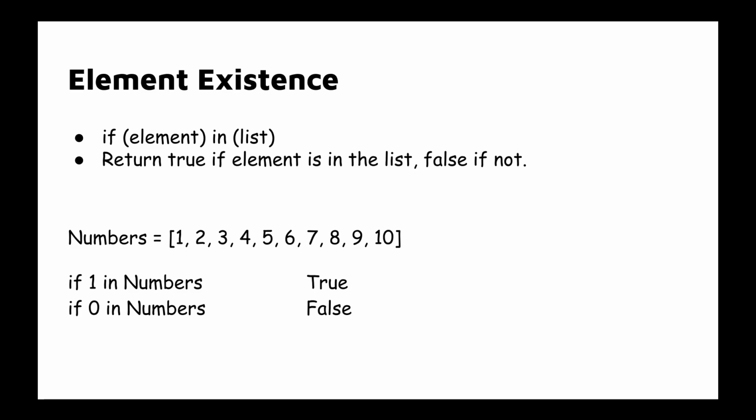For instance, in the following situation, the first code, which checks if element 1 is in the list, will return true since the first element of the list numbers is 1. But the second if statement, if 0 in numbers, is going to return false since we don't have the element 0 in the list.